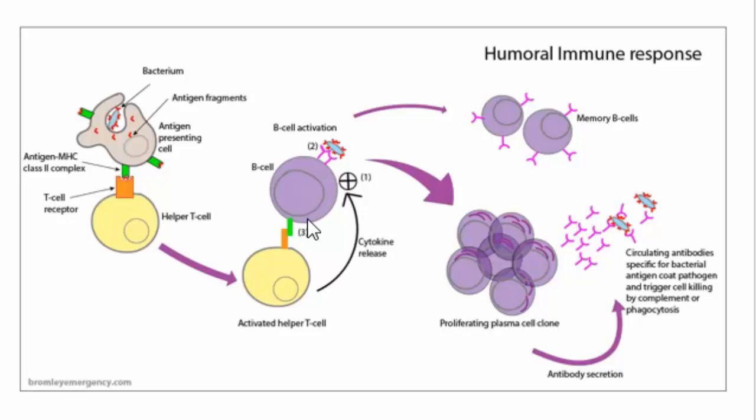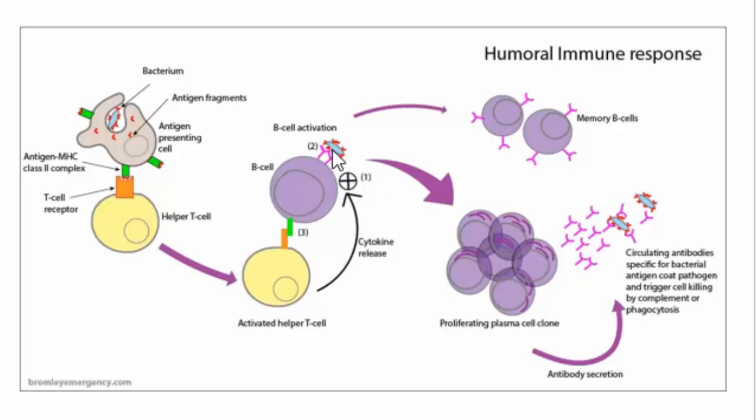B cells here in turn become activated through firstly binding their target antigen on the cell surface of a pathogen, for example, via their unique B cell receptors. The B cell also needs to receive co-stimulatory signals from the activated or armed helper T cell, either through cytokine release or direct receptor-receptor interactions, or more commonly, both.